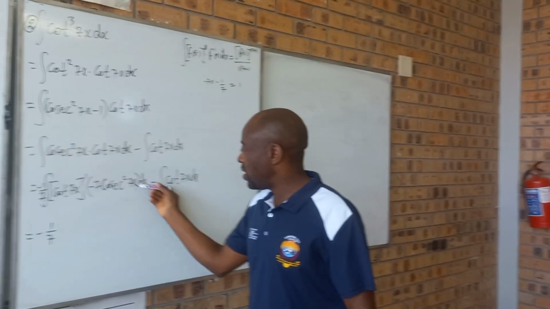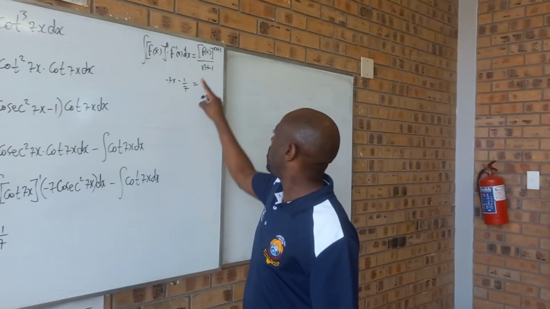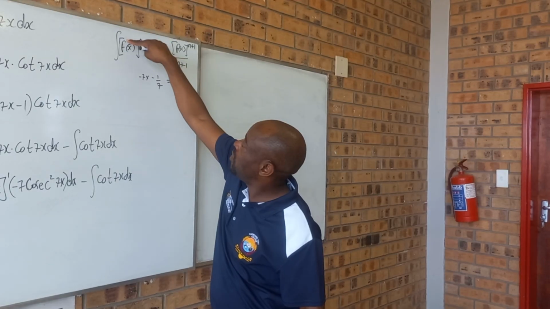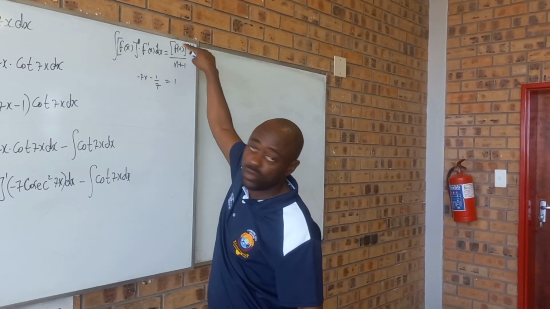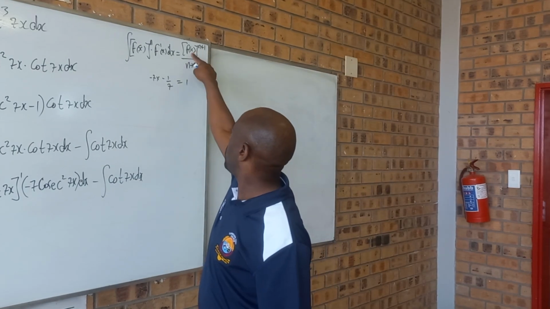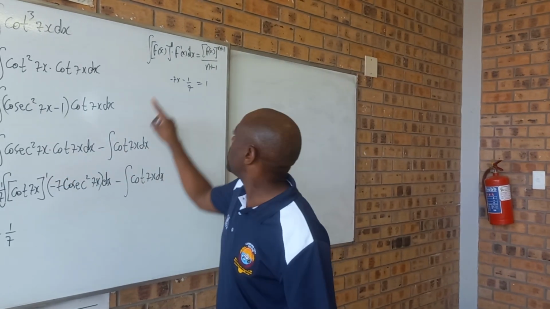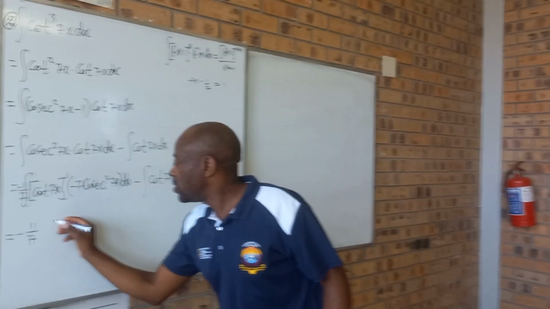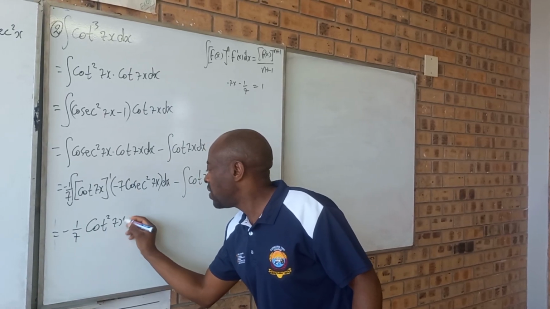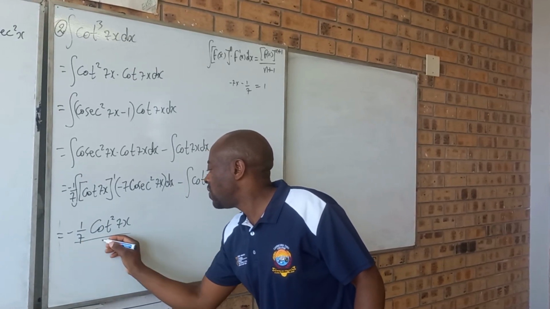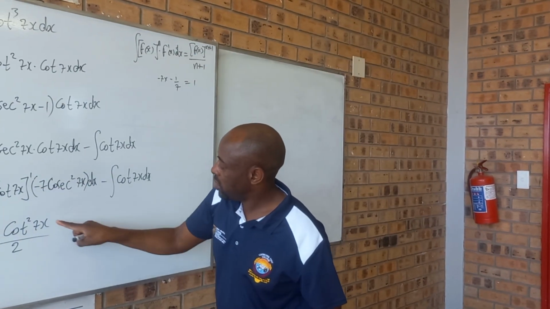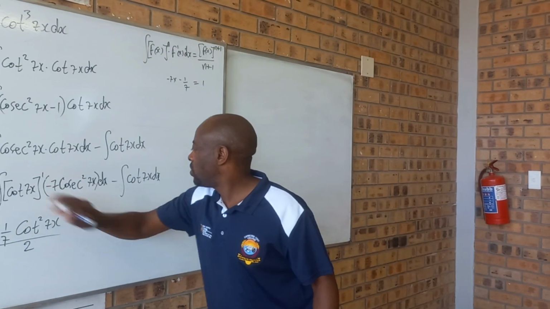Now to write the answer for this integral, I now use the right side of my formula. Whatever I put in the position of f on the left, I will do the same thing on the right. So what I placed there was cot, so I'll also take the cot there, and now the power of cot will increase by 1, so this will become cot squared 7x, all this divided by 2, because the power has moved from 1 to 2, so I'm done with this portion.